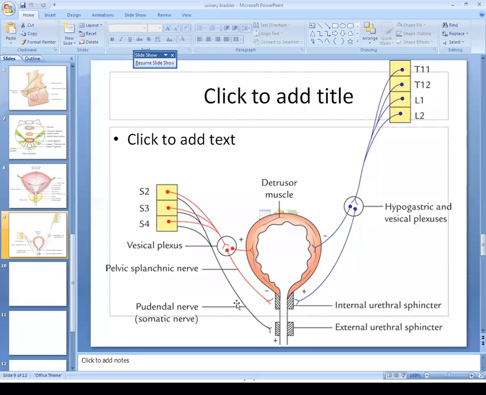Okay. The pain sensation from the bladder is carried by the lateral spinothalamic tract. What is the lateral spinothalamic tract? It carries pain and temperature sensation from all the body. Like that, the pain and temperature from the bladder are also carried by the lateral spinothalamic tract.